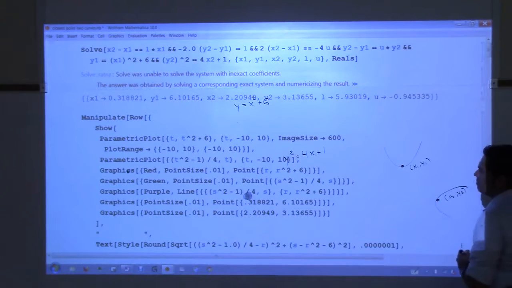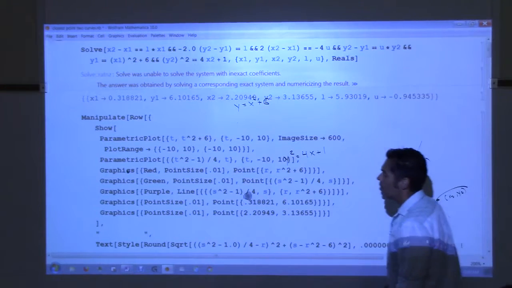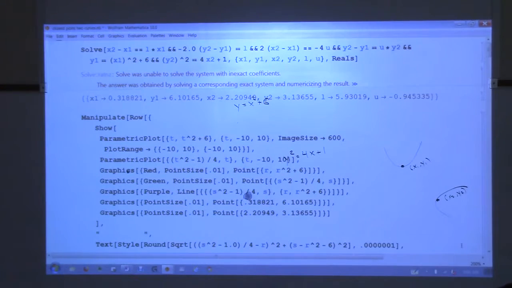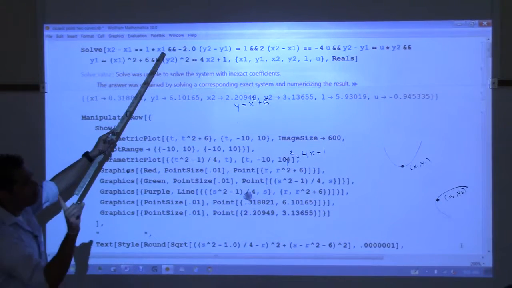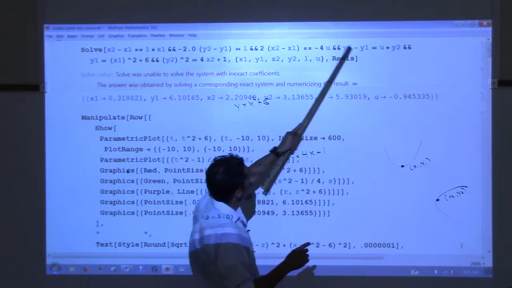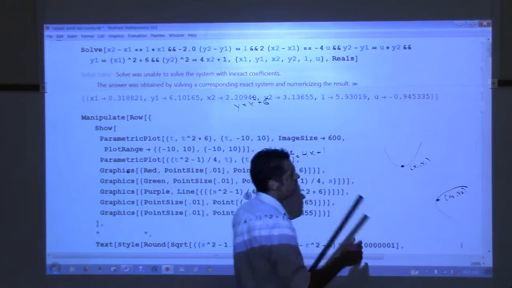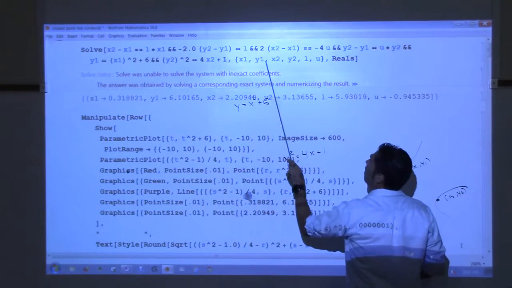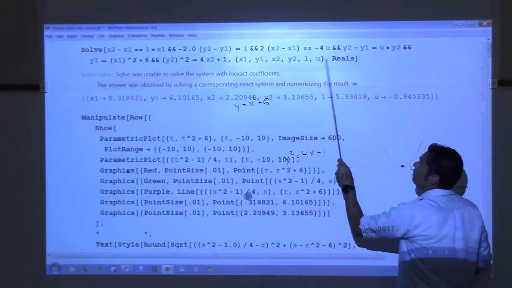And then there's other stuff you have to do, which I won't get into. But the computer, as you can see here, I put in here: solve this equation, that's one of the equations, and this equation, and this one, and this one. There's 6 of them, and solve them for x1, y1, x2, y2, and don't worry about this.